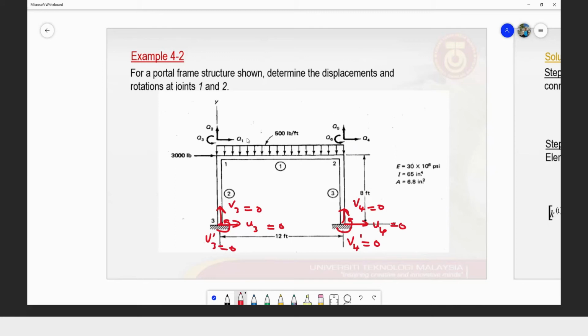Then actually this problem you cannot solve using your calculator because your calculator is limited up to 3 unknowns only. So this one you have to solve by using maybe Excel, or you can solve it manually, but you have to solve a big system.